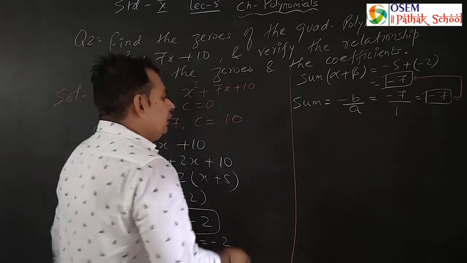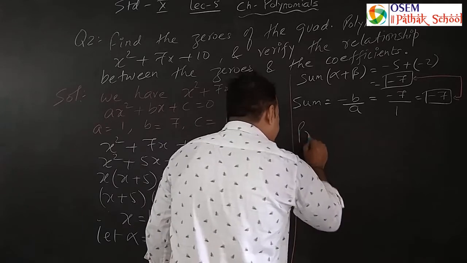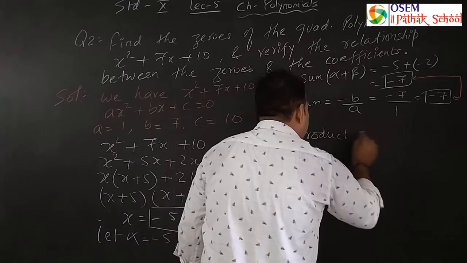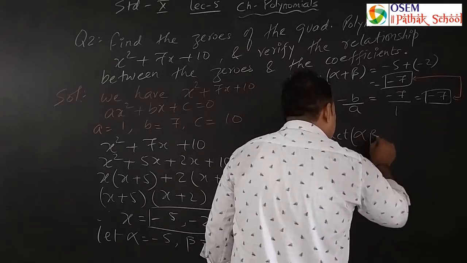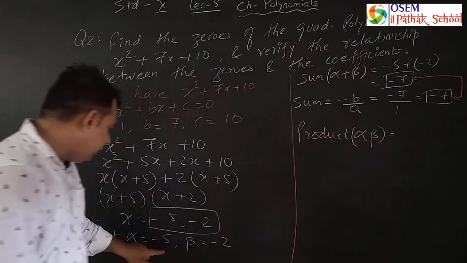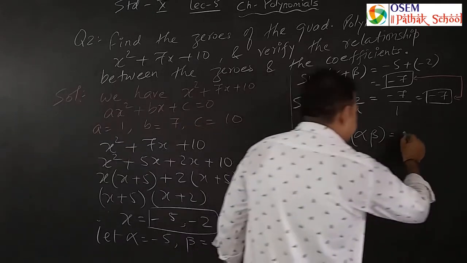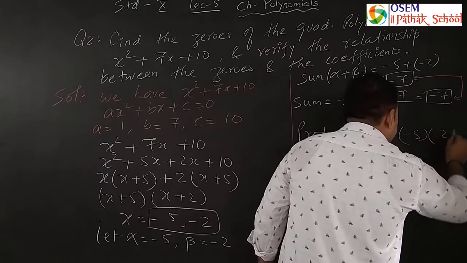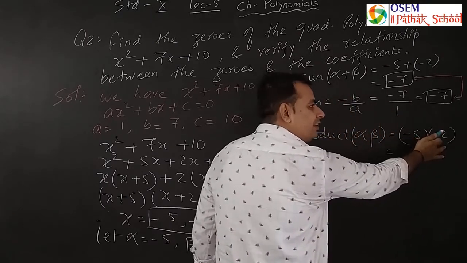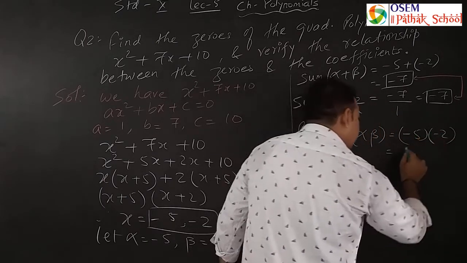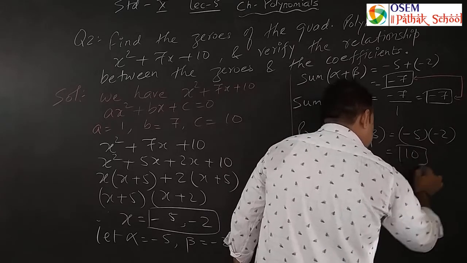Same in the case of the product, that is alpha into beta. What is alpha over here? Minus 5. When minus 5 is multiplied with minus 2, minus into minus is always plus. 5 twos are 10. So we got the answer 10.